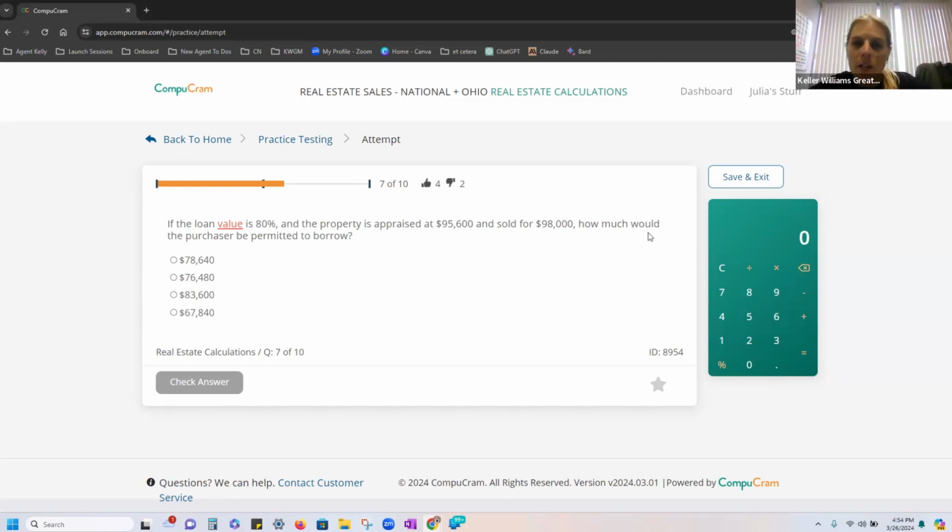If the loan value is 80% and the property is appraised at $95,600 and is sold for $98,000, how much would the purchaser be permitted to borrow? Is that A, $78,650, B, $76,480, C, $83,600, or D, $67,840? We'll do another minute on this.